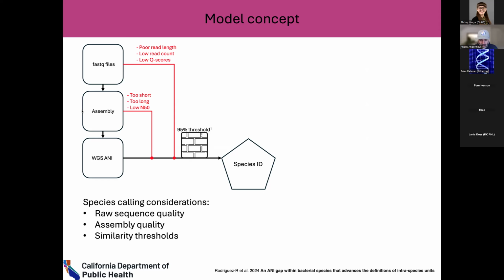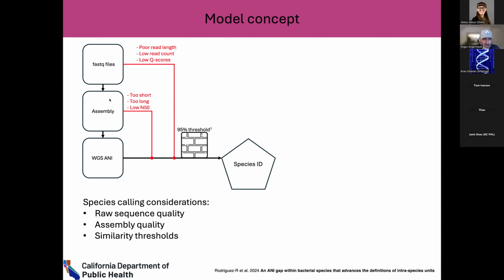So it's really important to make sure you're comparing similar lengths, within 10% or so, usually what I say. If you have a reference genome that's 6 megabases, but your whole genome sequence assembly is only 3 megabases, even with a very high ANI, 99% or whatever, we're probably going to throw that out because that's just not enough whole genome sequence data.